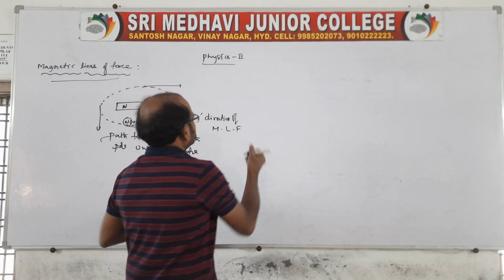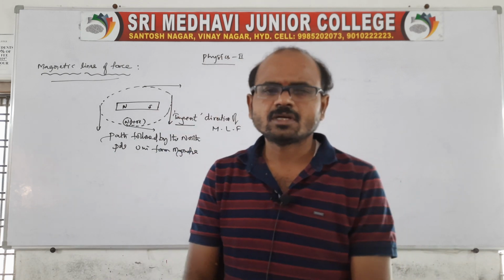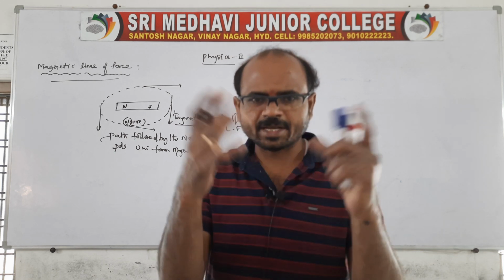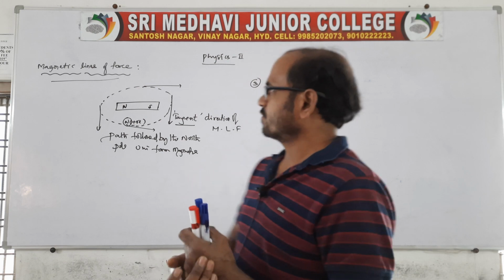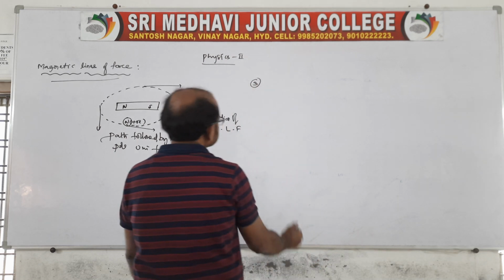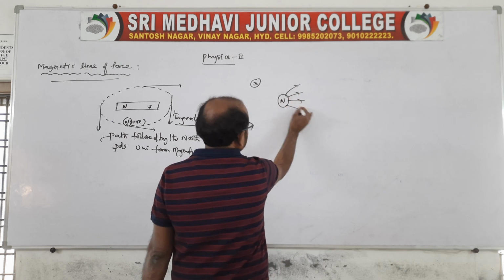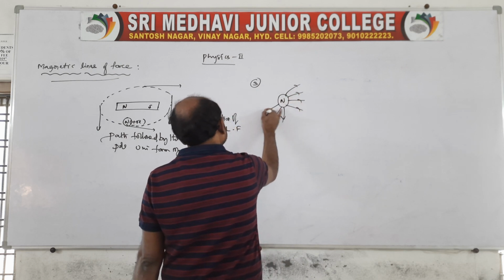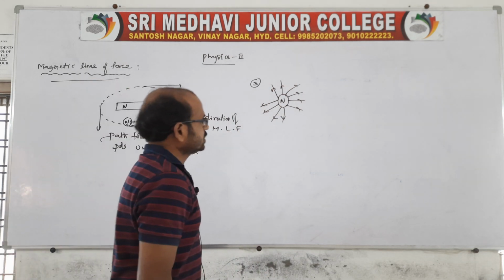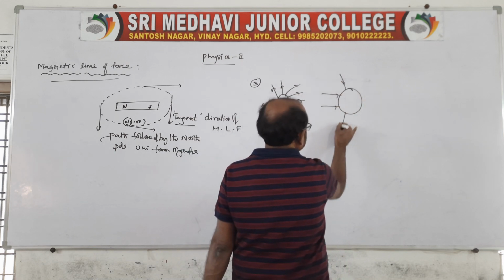And the third point: the magnetic lines of force are closed curves, not open curves, because electric lines of force are open lines, whereas magnetic lines of force are closed curves. Closed curves in the sense that from the north pole the lines of force are radially outward, and for a south pole the field lines are radially inward.